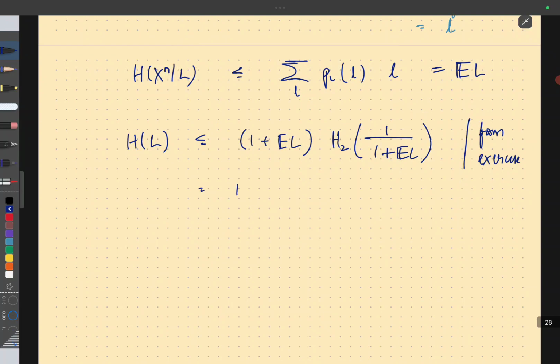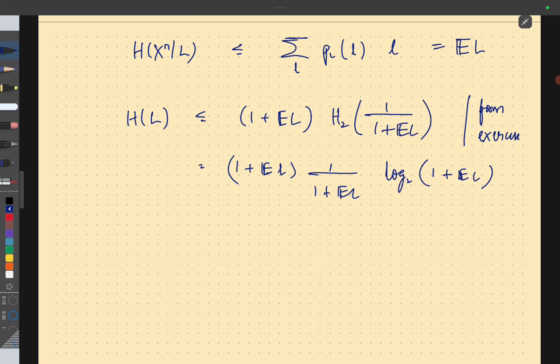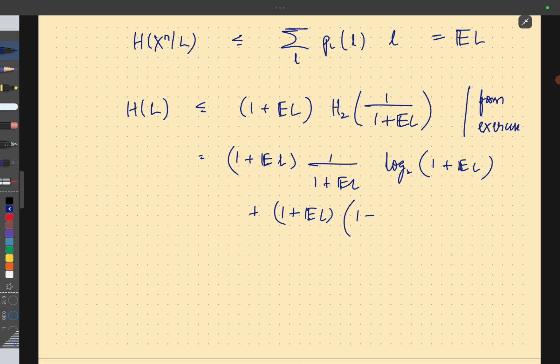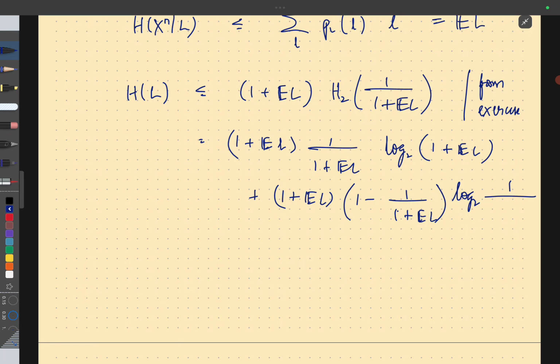This is equal to 1 plus expectation of L times 1 over 1 plus expectation of L, log of 1 over that, plus 1 minus 1 over 1 plus expectation of L, times log of 1 over 1 minus that.